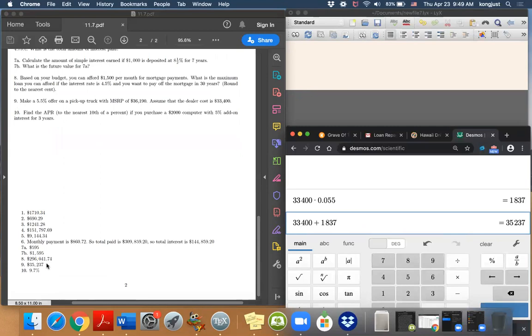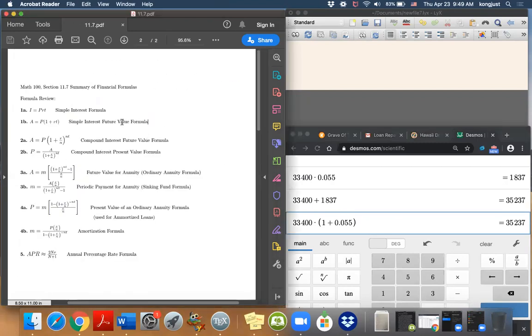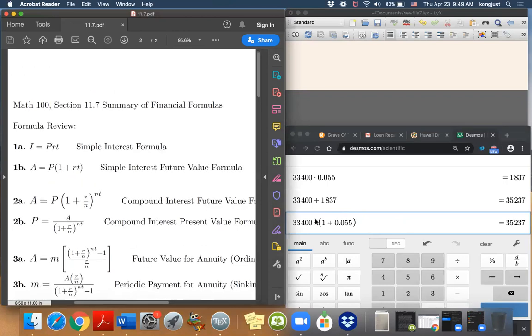And that matches here. Other option, if you want to do one step: 33,400 times parentheses 1 plus the rate. And then you get the answer in one step. But it's the same thing either way. It's very similar to the future value formula and the simple interest formula. If you think of T as being 1, then this is what we just did.